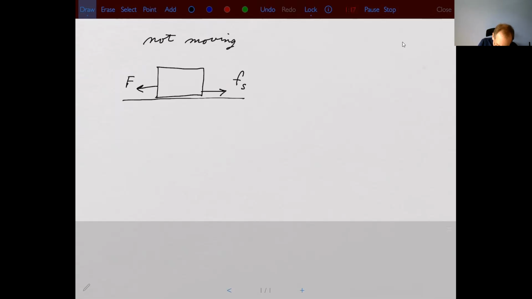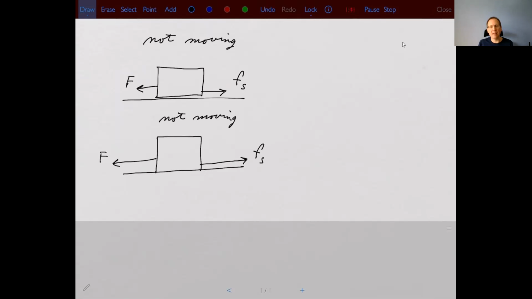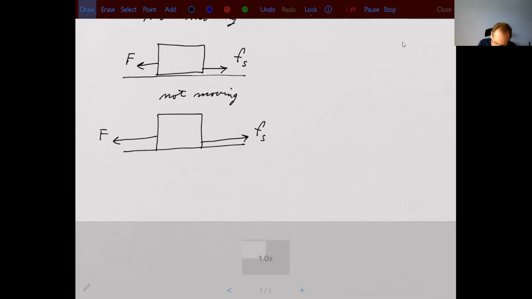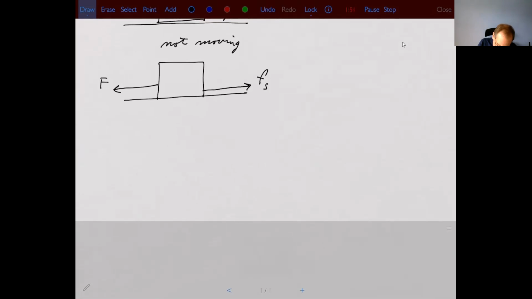Now, you could pull harder. Let's still assume that the object is not moving. So if I pull harder, it's still not moving. Therefore, there still is a static frictional force that's resisting the motion, but now it has increased to match exactly the same magnitude that you're pulling with, because the net force would have to be 0. Now, you can keep doing this until the object is on the verge of motion.